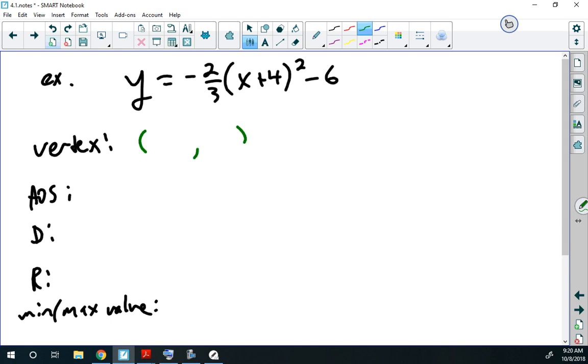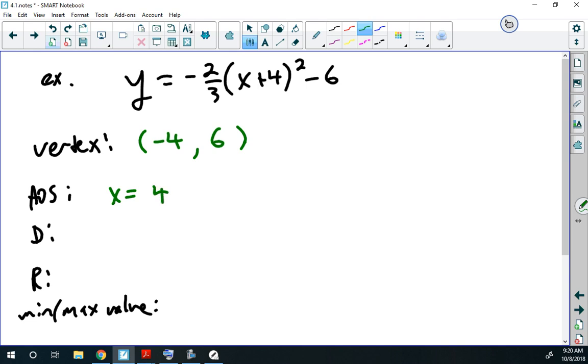The vertex is (-4, -6). Axis of symmetry, remember that's a vertical line, so vertical lines are defined by equations that say x equals something. X equals what? Not 4.